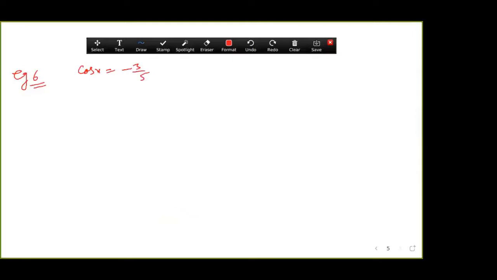X is lying in the third quadrant. Find the other 5 trigonometric functions. It means you have to find sine x, tangent x, cosecant x, cot x, and secant x.